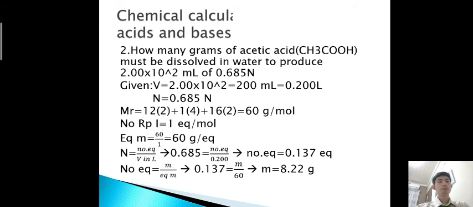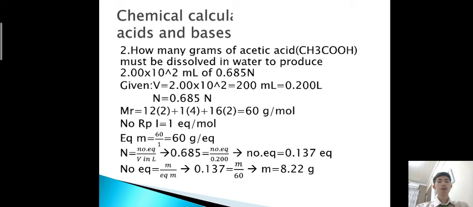Then we use the formula normality is equal to number of equivalent divided by volume in liter to find the number of equivalent. Then we substitute the numbers: 0.685 is equal to number of equivalent divided by 0.200. Number of equivalent is equal to 0.685 times 0.2, which is 0.137 equivalent.